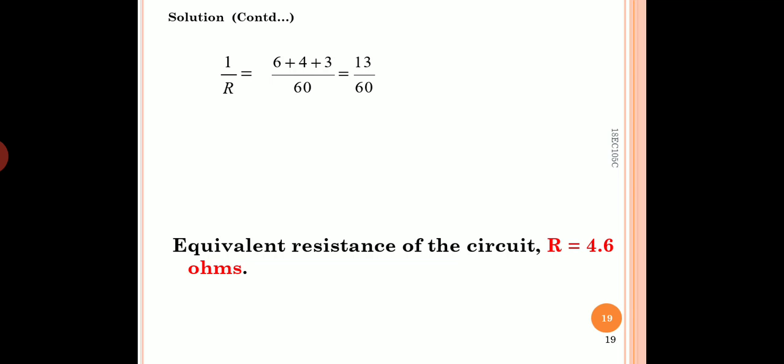Taking the LCM, you get 1 by R equal to 13 by 60, and therefore R will be equal to 60 by 13, which comes to a value of 4.6 ohms. So the equivalent resistance of the circuit R is equal to 4.6 ohms.